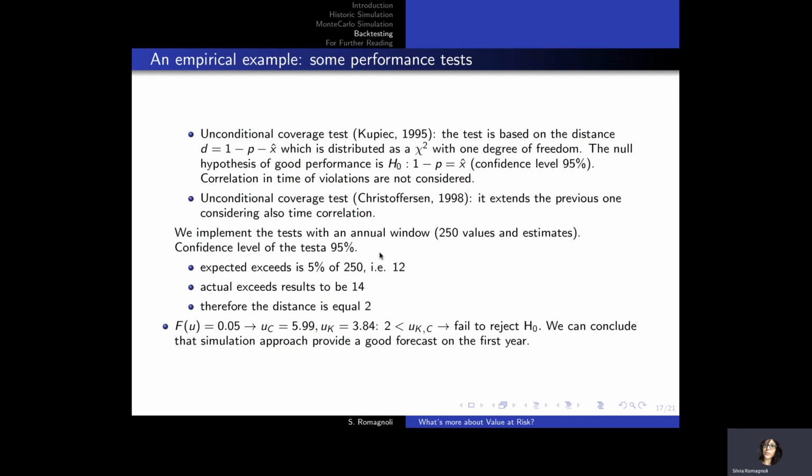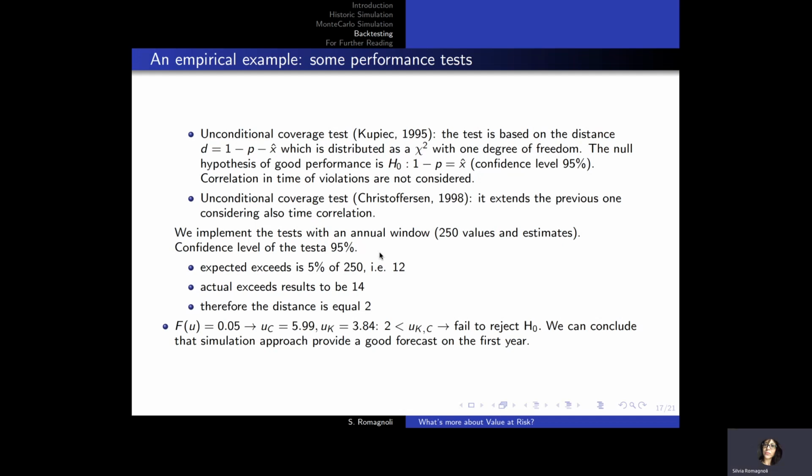This distance is distributed as a chi-squared with 1 degree of freedom. The null hypothesis of good performance sounds as 1 minus p equal x cap. Also, in this case, we must assume a confidence level, as for example, 95%. Keep in mind that this kind of test does not consider correlation in time of the violations.